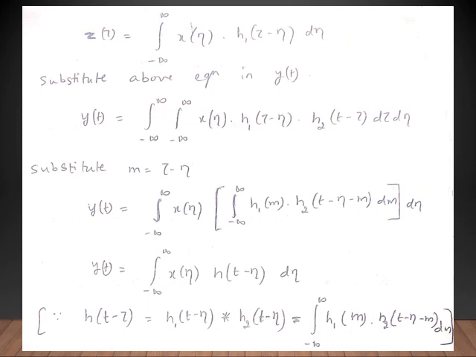But we are substituting the value of m in terms of tau minus eta here. Then the equation now needs to be modified.